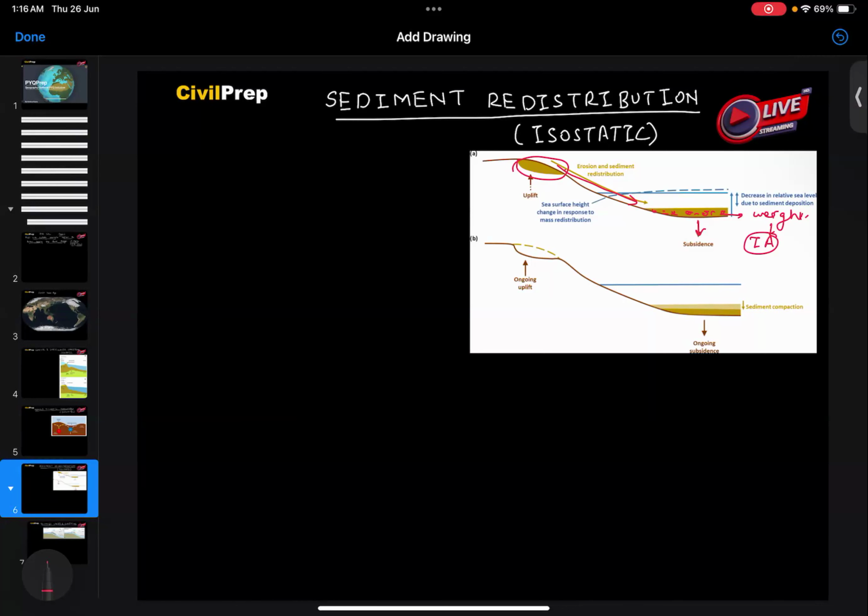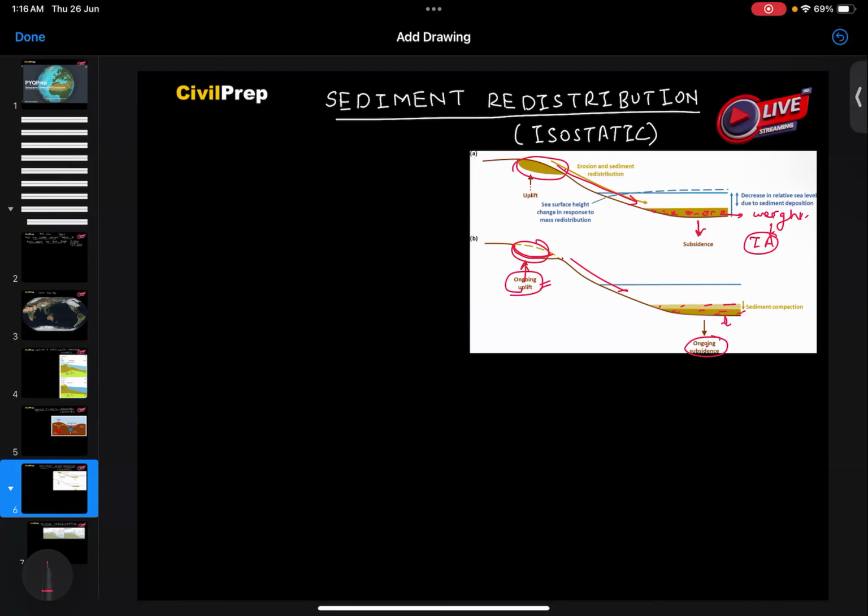Now, after certain millions of years, this region has eroded. So because of the erosion in this region, there is again isostatic adjustment, and it results in the upliftment of the region, while the sediment has already been deposited in the other region, and this has resulted in further subsidence. Okay, so here the subsidence has taken place, and here the upliftment has taken place.